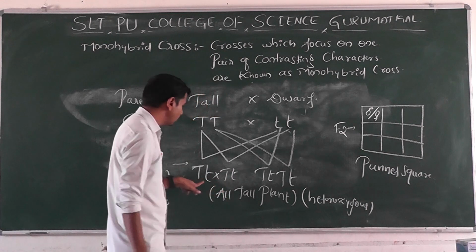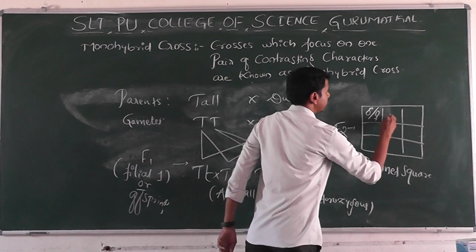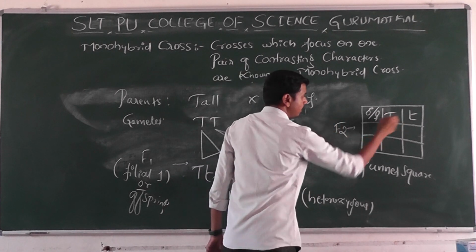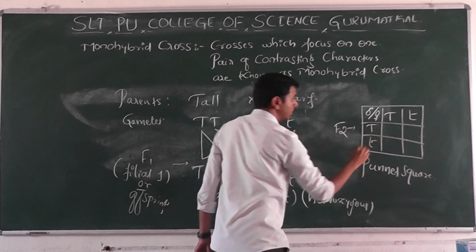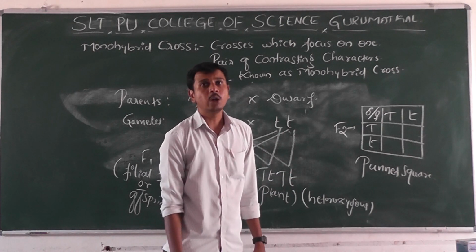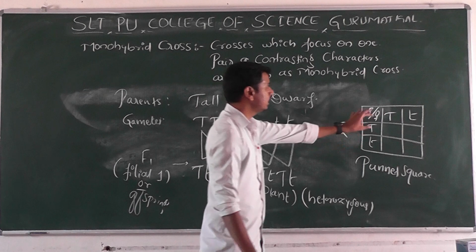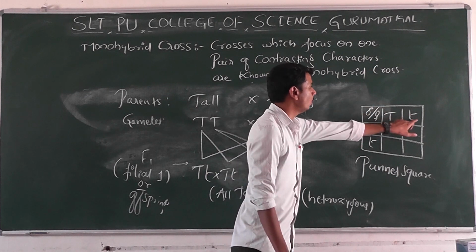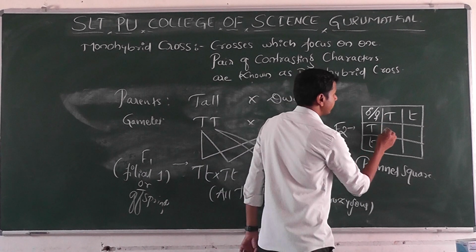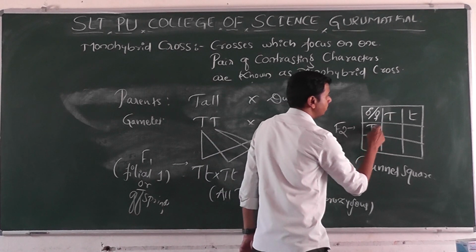Now we take capital T, small t, and here also the same, capital T, small t. Why? Because we are crossing between two heterozygous tall plants. So that is the reason we are taking capital T, small t, and here capital T, small t.